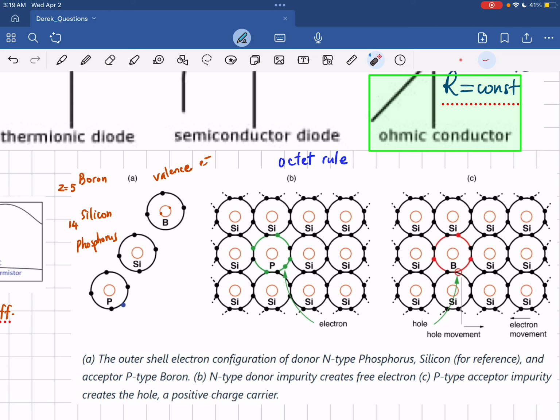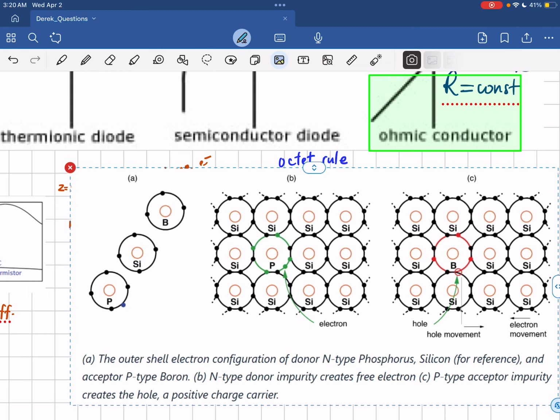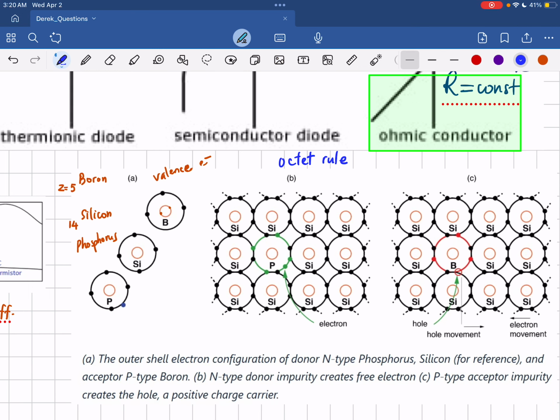So you can imagine that you're supposed to have 4 rooms, okay? 4 rooms there. And then in each room, you have 2 beds, okay? For each electron to stay in.